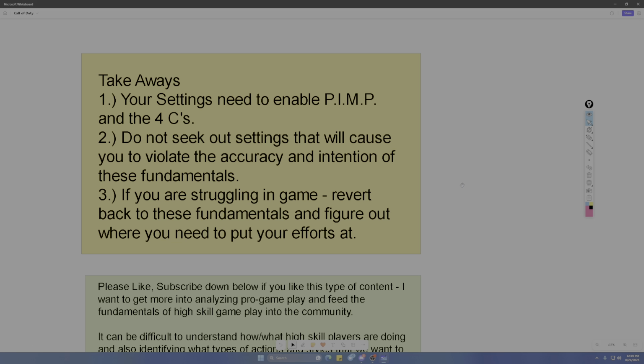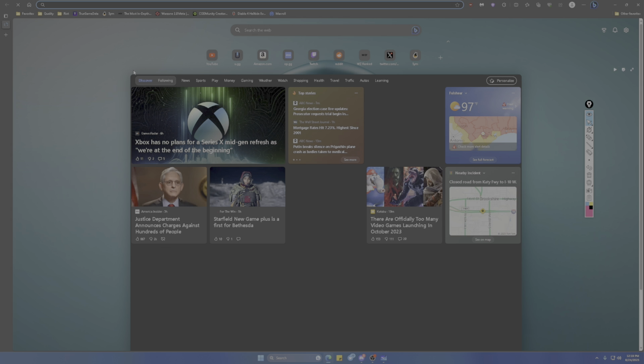If you're really looking to improve at the game, you need to master these fundamentals. I know humans like to, and this is everyone, it's called Parkinson's law of triviality. It's bike shedding.